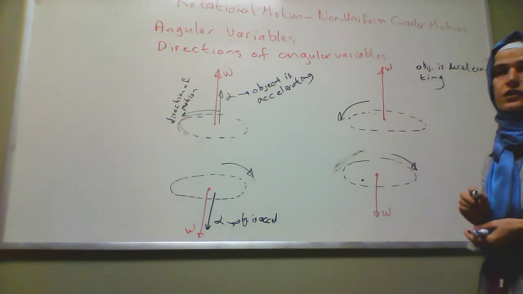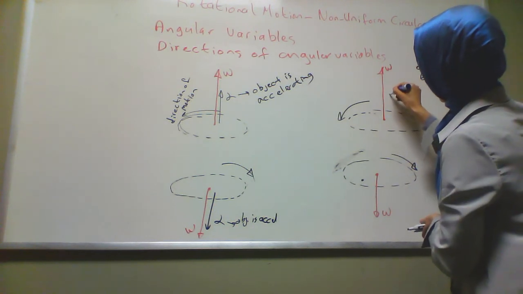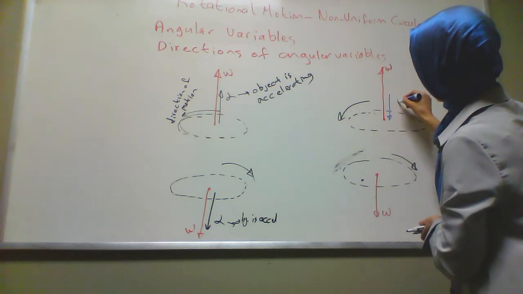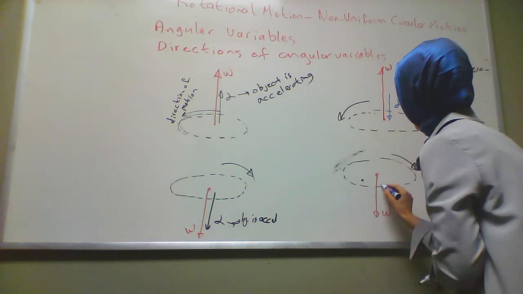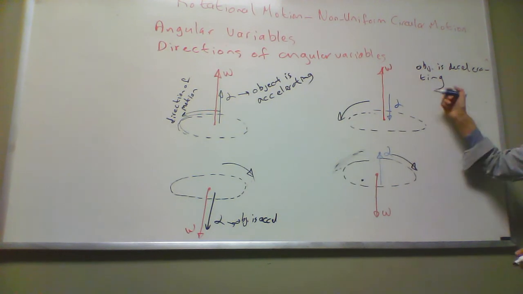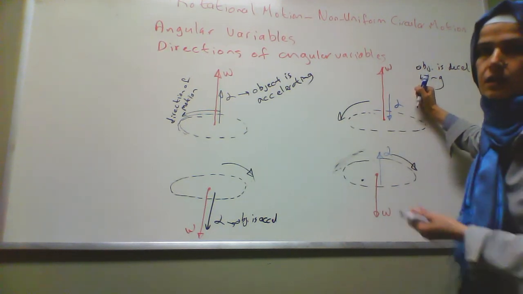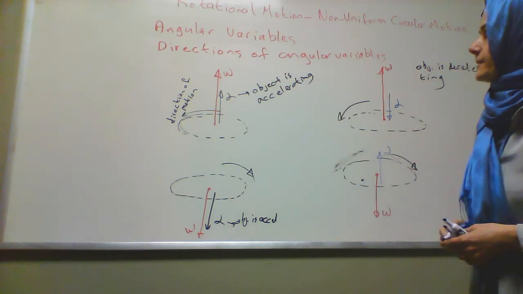Then the direction of angular acceleration will be in the opposite direction. Here we will have alpha downward. Here we will have alpha upward. Because the object is decelerating, acceleration is in the opposite direction to velocity, same as in kinematics.